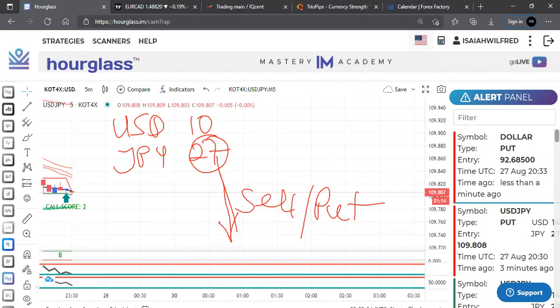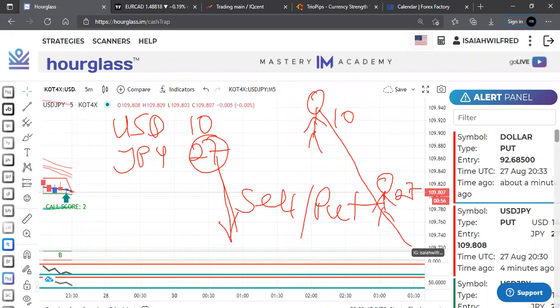One person is at the top, and this person's strength is just 10. Another person is at the bottom, and this person's power is 27. 27 is stronger than 10. The person at the bottom will pull the market down to this person's direction. That's what is sell or put.